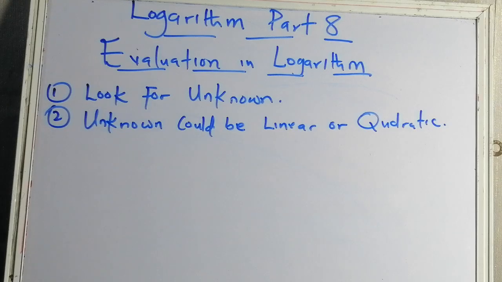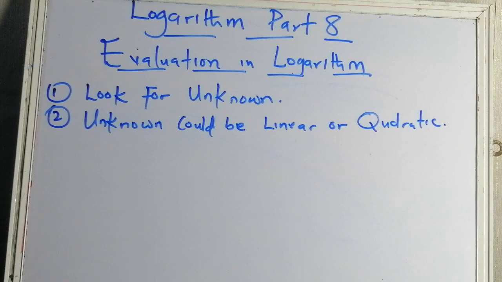The second condition is the unknown could be a linear or a quadratic equation. We've done quadratic, I think it's the second topic we did. If you've not gone through them, please go through them, because one topic is leading to the other, so they are interconnected.